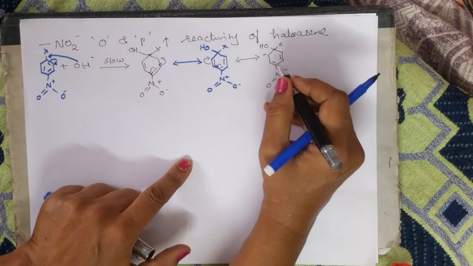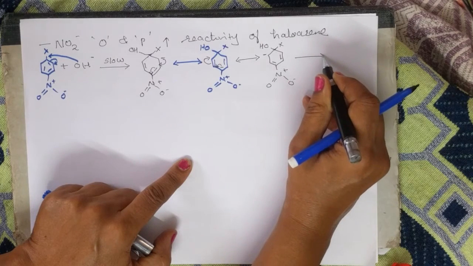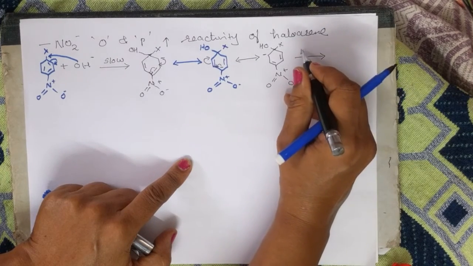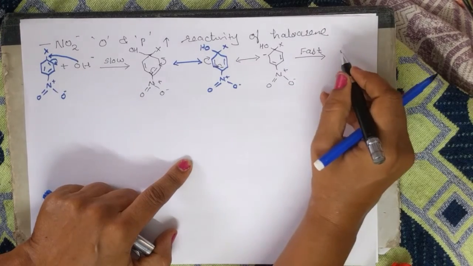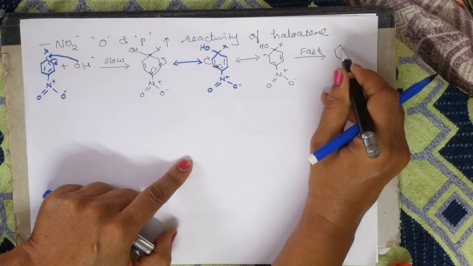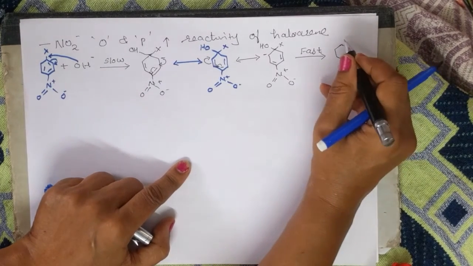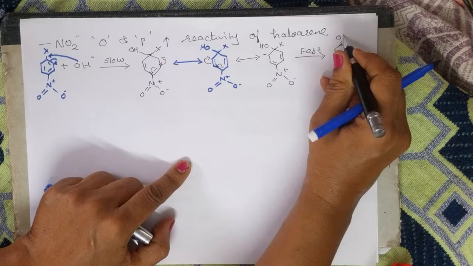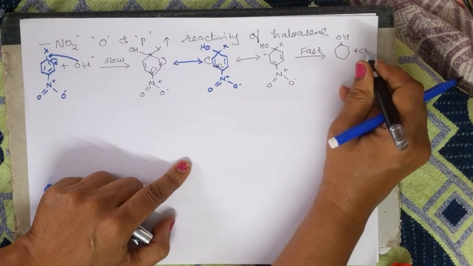So here you can see that the last step is Cl minus will leave.